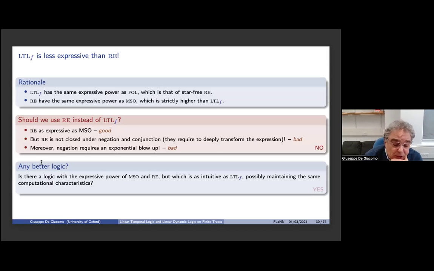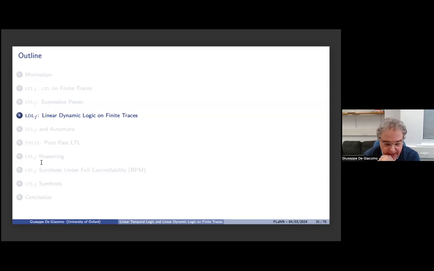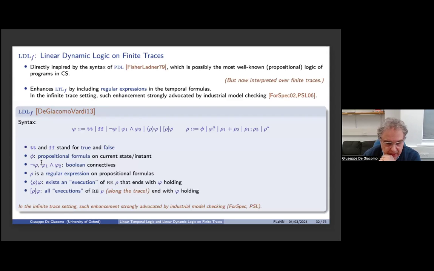Can we have a good, nice logic for monadic second order, that is, with the expressive power of monadic second order logic? The answer is, in fact, we can. We can look at the logic that was created in the 70s to talk about program schemas, like while, if, etc. We say schemas because essentially it's a propositional logic.